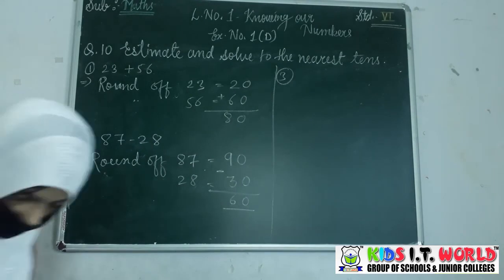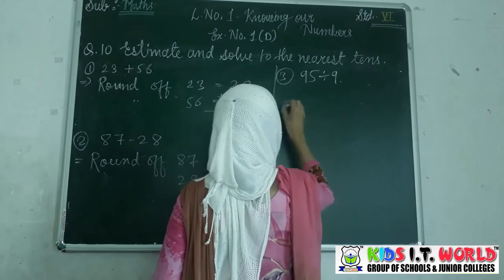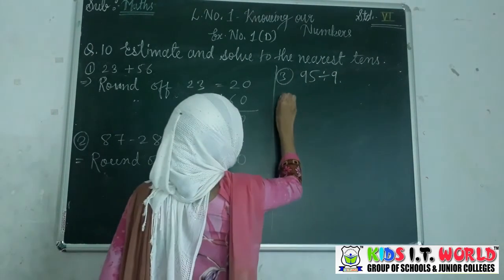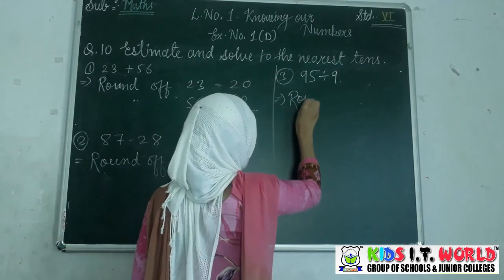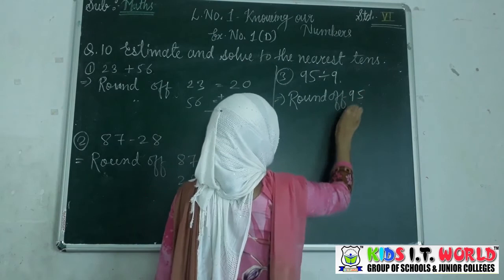About the division, it is 95 divided by 9. First we will round off the values, 95 and 9.